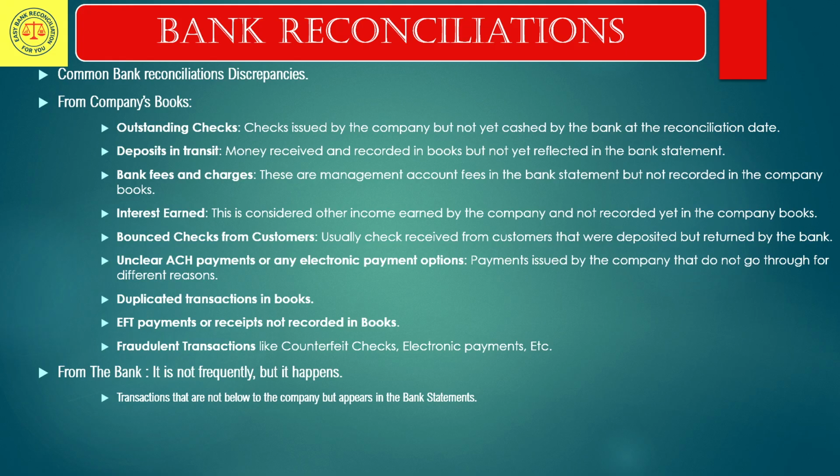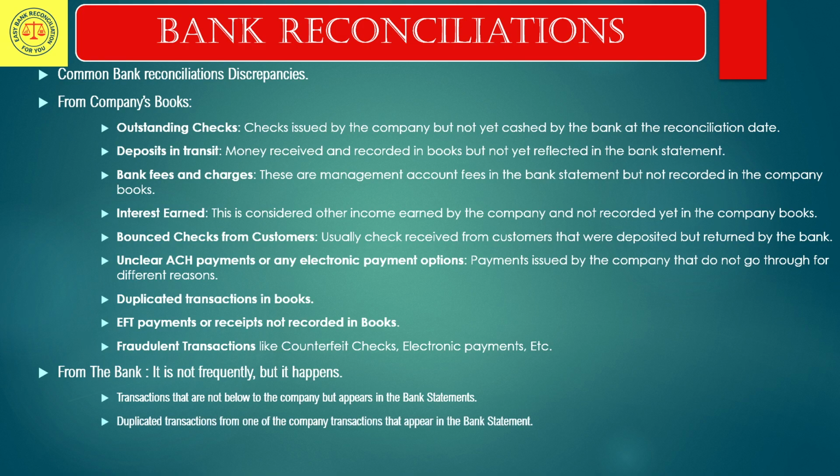Either a deposit or a withdrawal that you don't know anything about, so you have to report it to the bank and let them know that that's incorrect. So most of the time the bank just corrects that by themselves, but it is always good to have the daily bank reconciliation and be ahead of time and report to the bank.